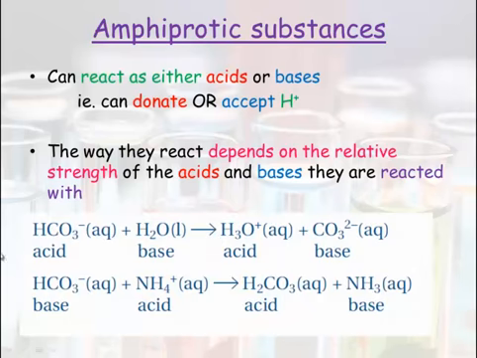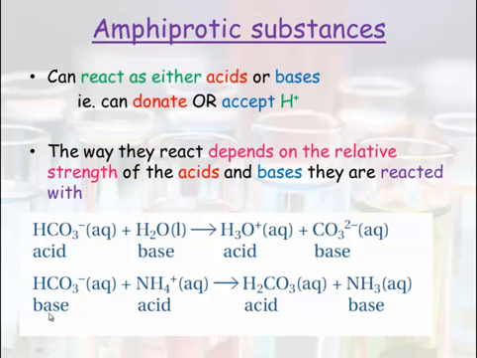So if you have a look in this example here, I've got HCO3 negative, hydrogen carbonate, with water. Hydrogen carbonate will act as an acid. Sorry, I lost my cursor. It will act as an acid. It will donate its hydrogen to the water to form hydronium and carbonate.